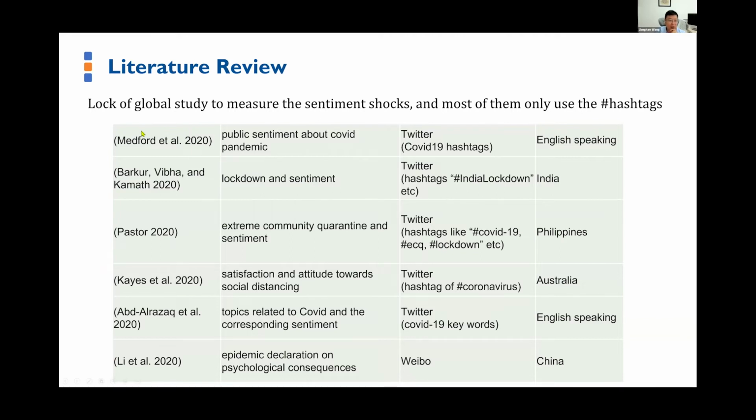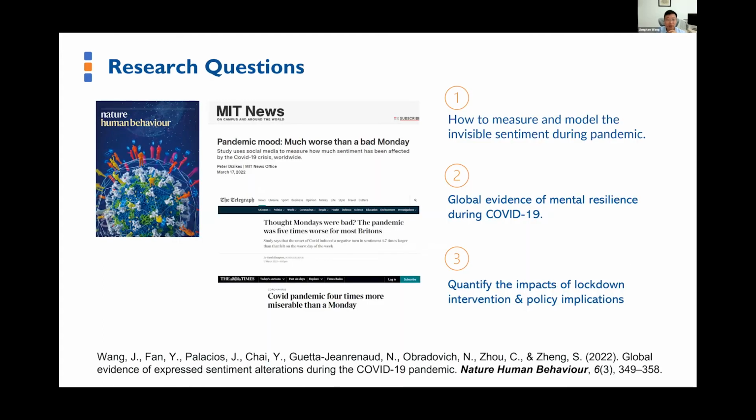Most of the research lacks a global study to measure the sentiment shocks. Most of them only use hashtags, for example, when they mention COVID, they collect data. That's why it's easy for them to collect their data, but it's very hard to collect data globally. That's why we have this valuable data set to study these questions.